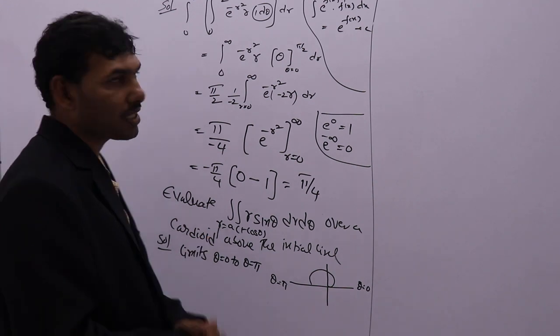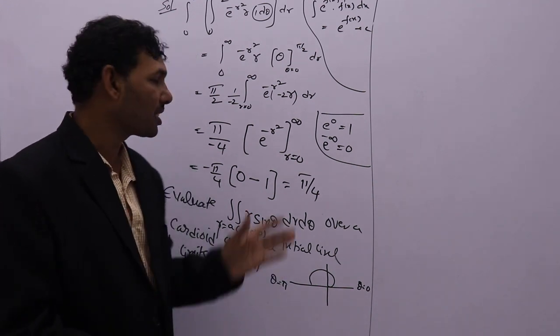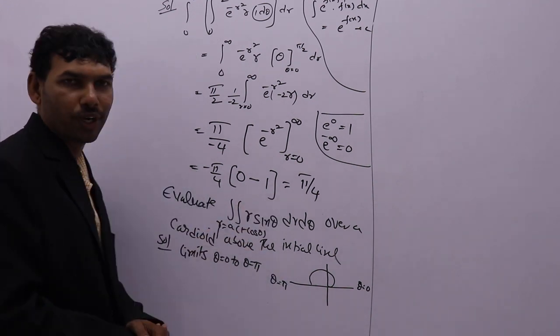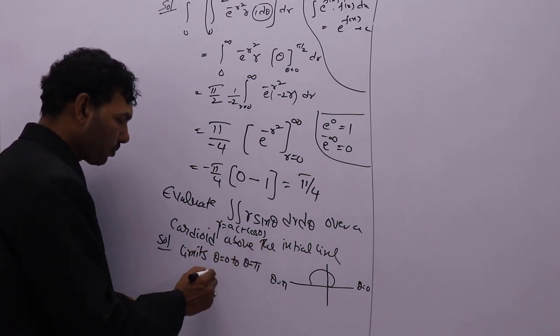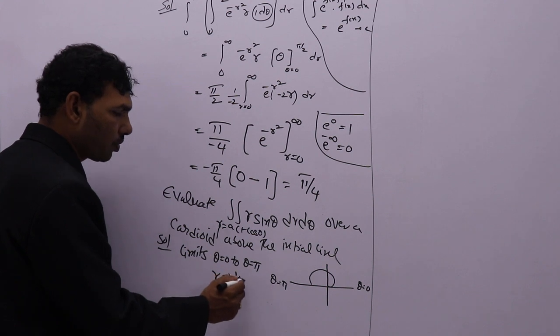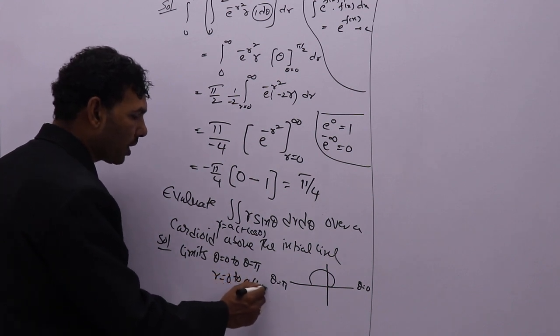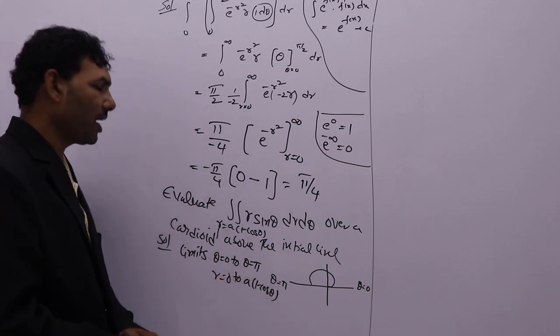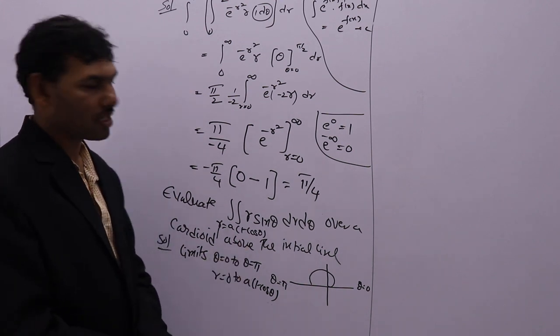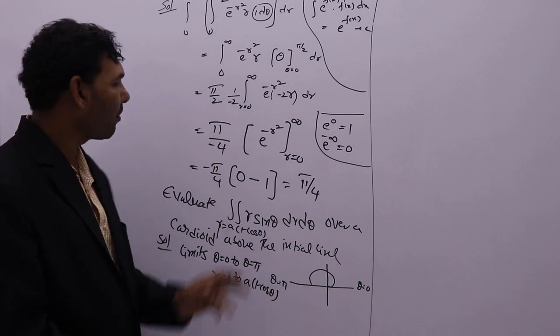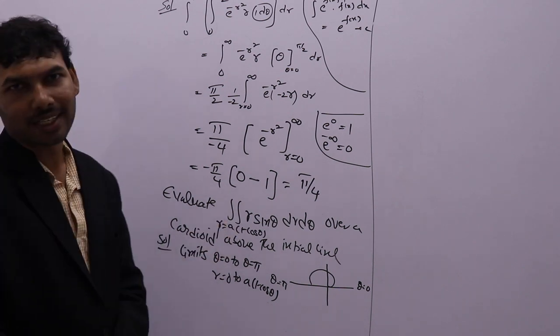Next, as I said, you can evaluate r limits in terms of theta. Above the initial line, r goes from 0 to a into 1 minus cos theta. Now the limits are evaluated: theta 0 to pi, r 0 to a into 1 minus cos theta. In between these limits we are going to evaluate the given integral r sin theta dr d theta.